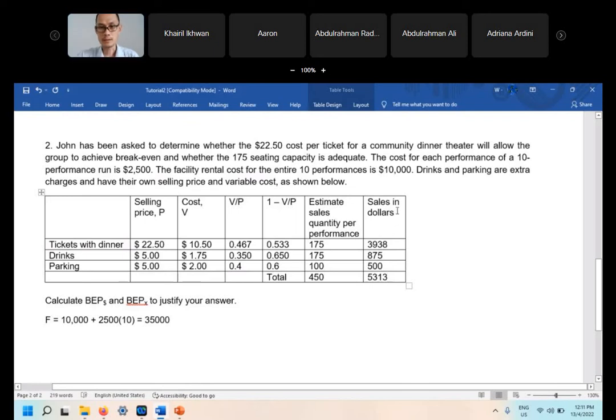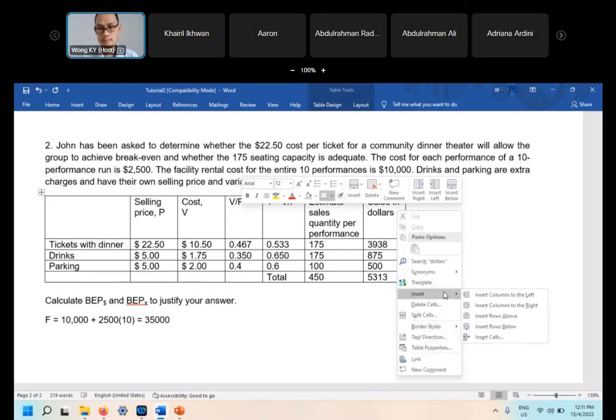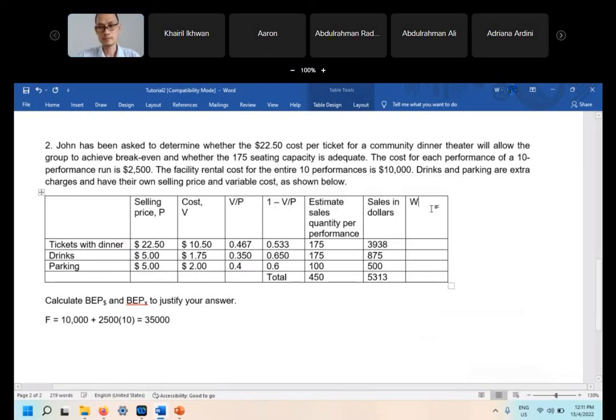Okay, and then next thing, create another column to calculate W. W is actually the percentage of sales for each category, for each product here.